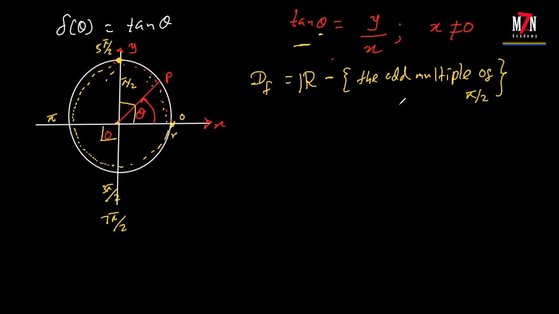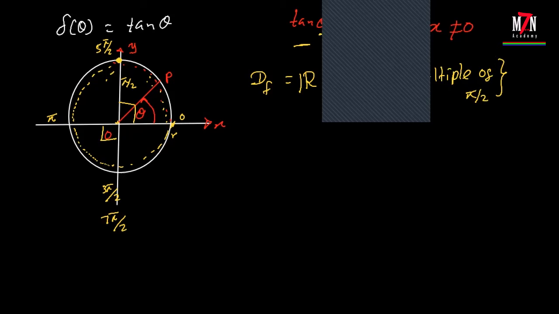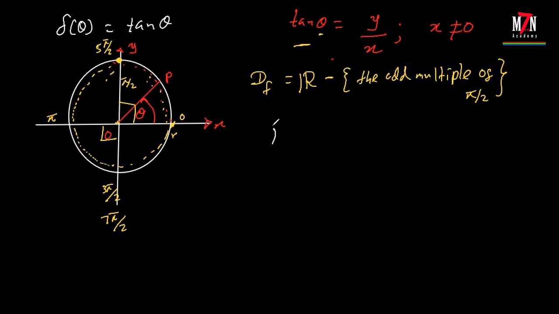Now we have to think about the range. I will explain that by using the definition. Here we have tan theta equals y over x, and we know x should not equal 0.